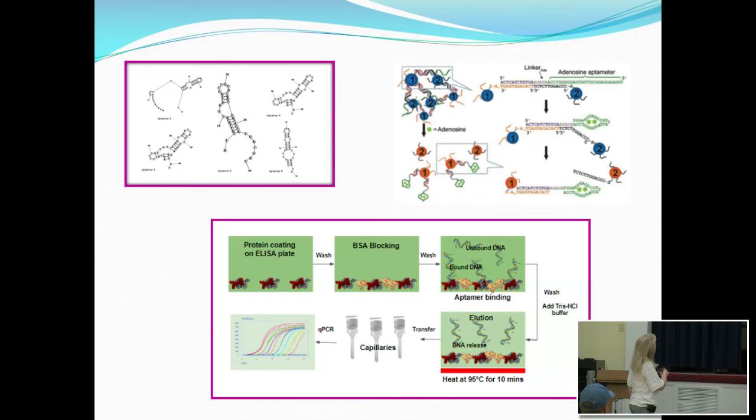It's very unfortunate that the graphics are not coming out as vivid in the slide. But in any case, we were able to determine the sequence, and then we put the sequence into a program that determined the structure. So that's what those aptamers look like potentially, and they bind to a special site of the protein.